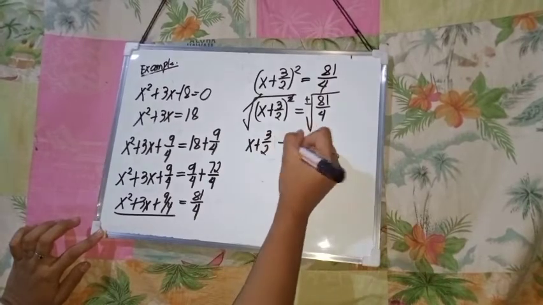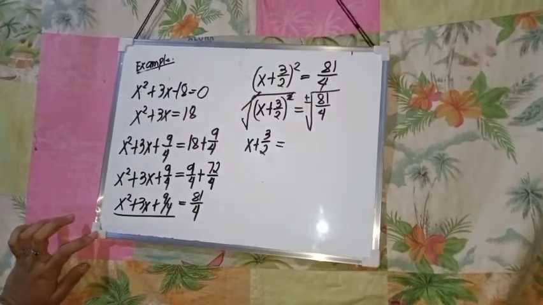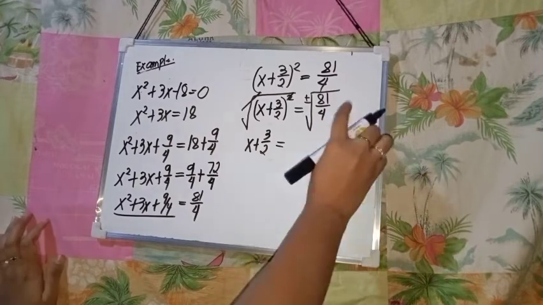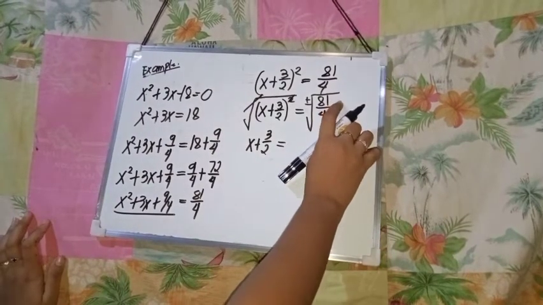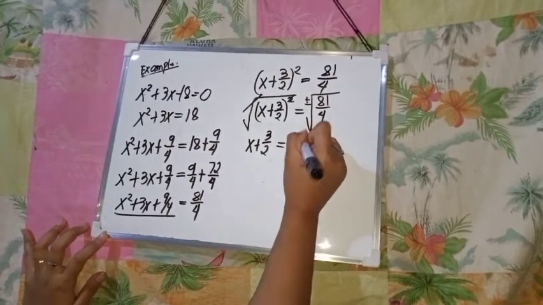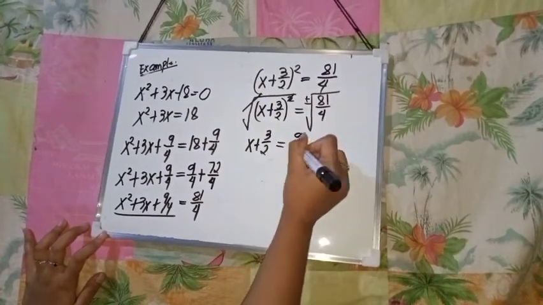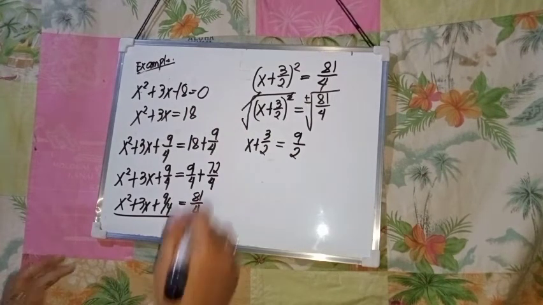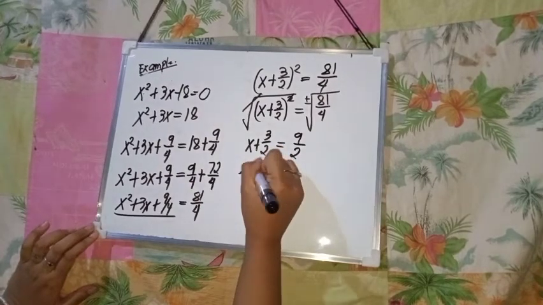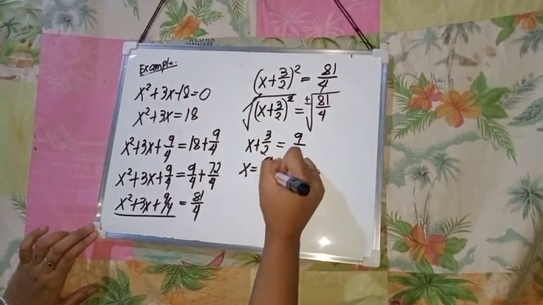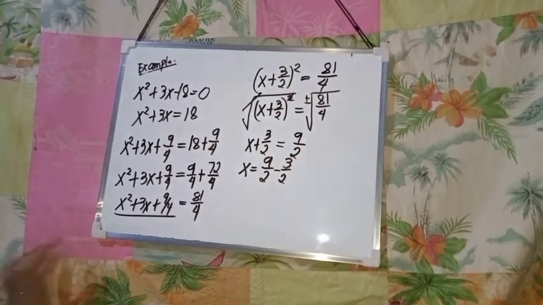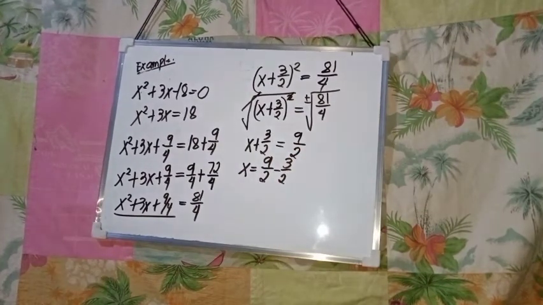So, what is the square root of 81 over 4? The square root of 81 is 9, and the square root of 4 is 2. Now, to get the value of x, we use the additive inverse. So, x is equal to 9 over 2 minus 3 over 2.